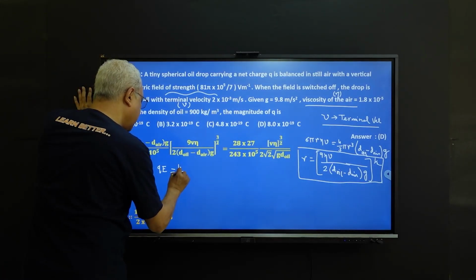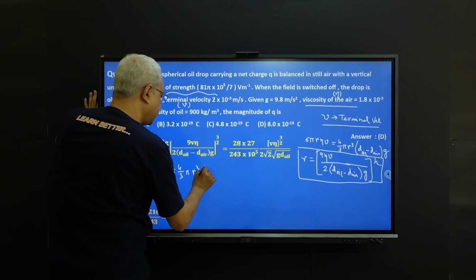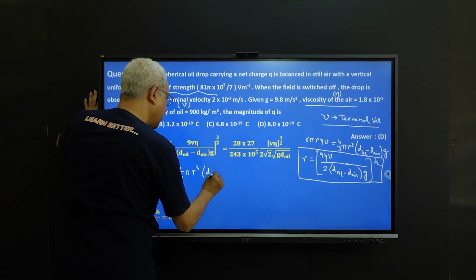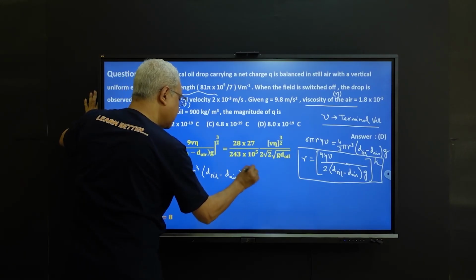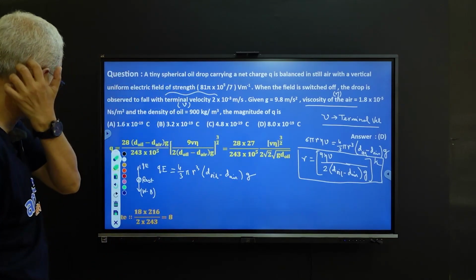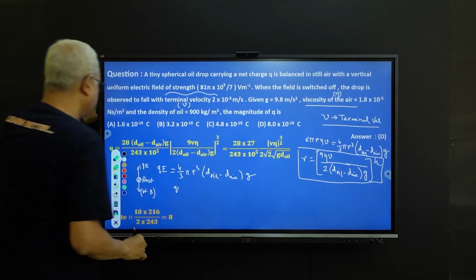So 4/3 pi R cube into d oil minus d air into g. Okay, so Q is how much?